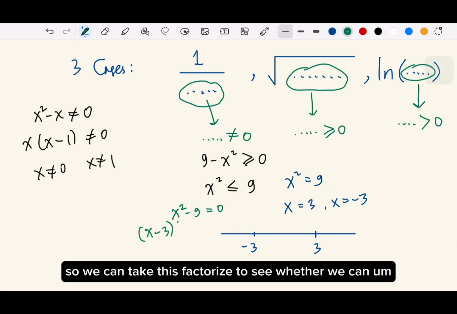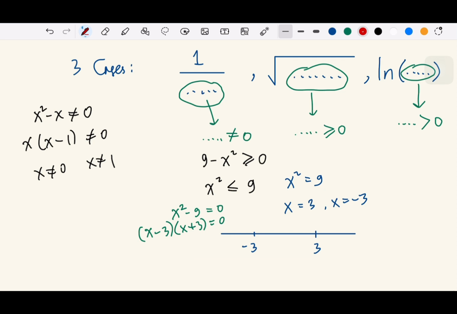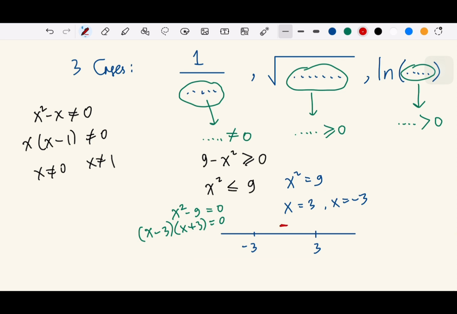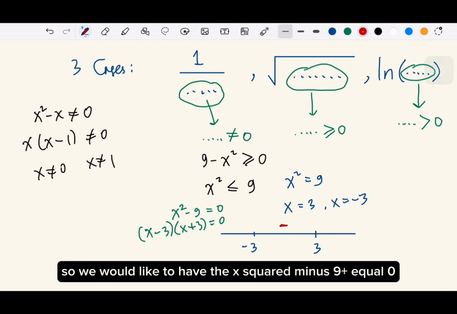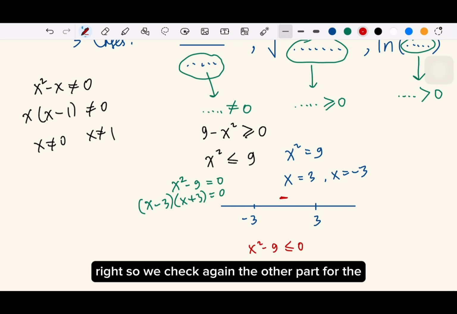So we could factorize this to see whether we can get the conclusions. We check 0, it's negative. Yes, it's negative. So we would like to have x squared minus 9 less than or equal to 0, right?